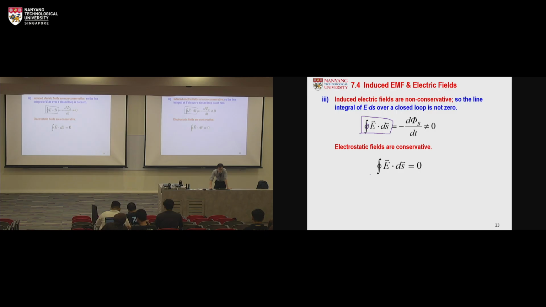For the electrostatic E, it must always be 0, while for the induced E, most of the time it is non-zero. This is the so-called one being conservative, the other being non-conservative. So pay attention to these two types of electrical field E.